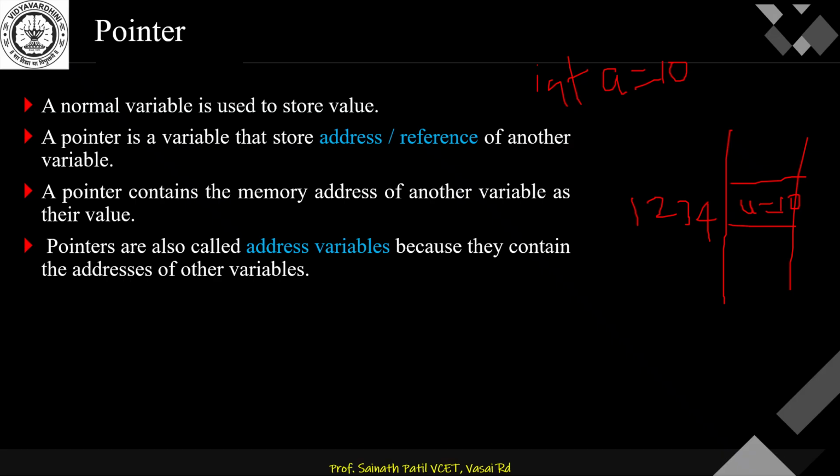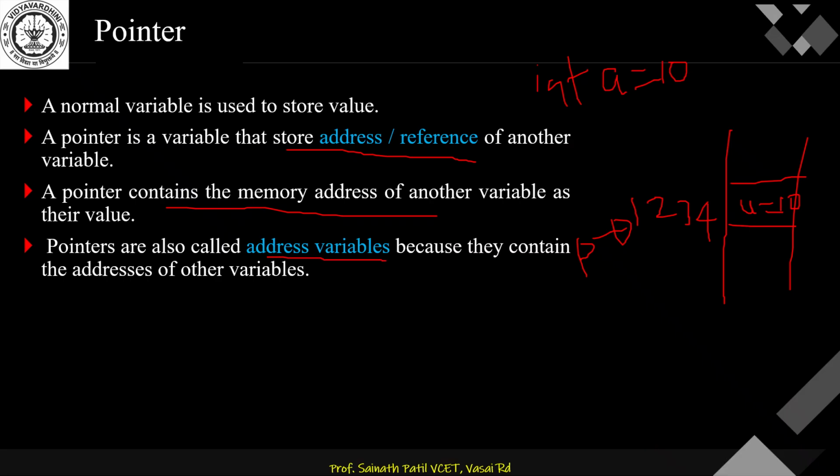So a pointer is a variable that stores the address or reference of another variable. That means there must be another variable P. P is a pointer variable that points to A, so it is going to store the address of A. A pointer always contains the address of another variable, which is the normal variable. Therefore pointers are also called address variables because they contain the address of another variable.